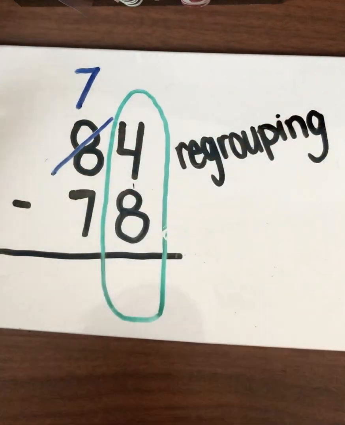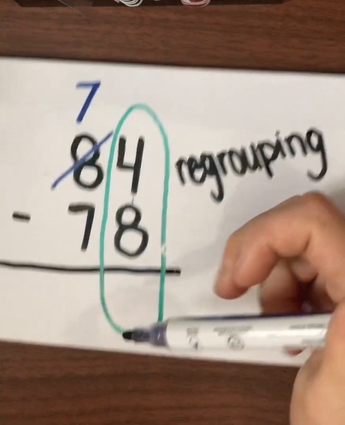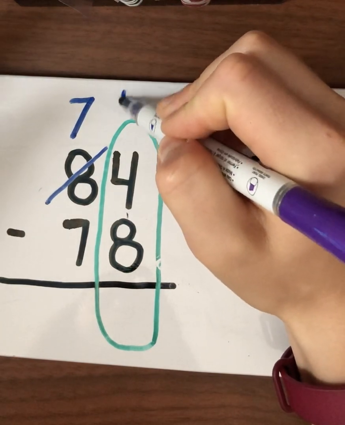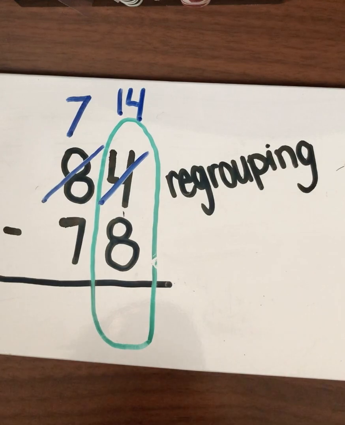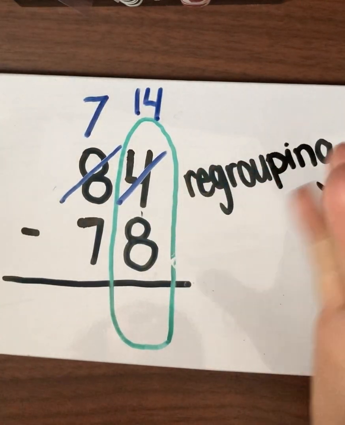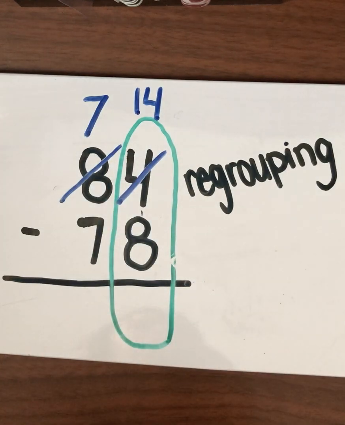Now we have a group of 10. That group of 10, we're going to add it in front of our 4. So we still have the same value. We've just rearranged our numbers.